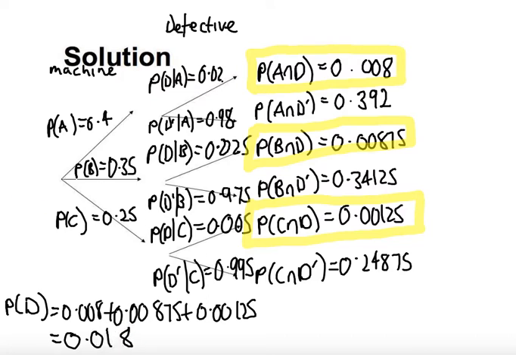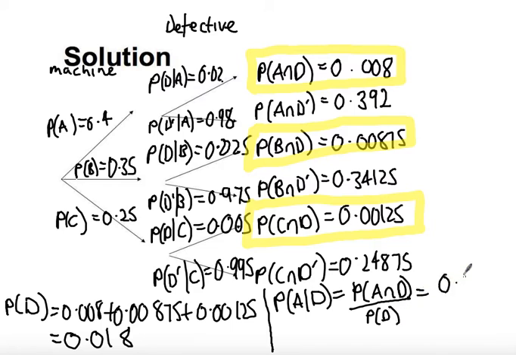Finally, the last question said, given that the paperclip is defective, find the probability that it was produced by machine A. So again, this is where the conditional probability formula comes in really useful. I'm saying the probability that it comes from machine A, given it's defective. So I get the probability of A intersect D, the probability it came from A and is defective, over the probability it's defective.